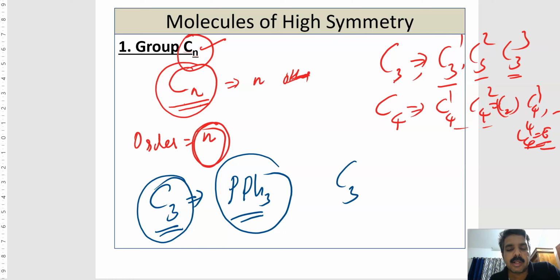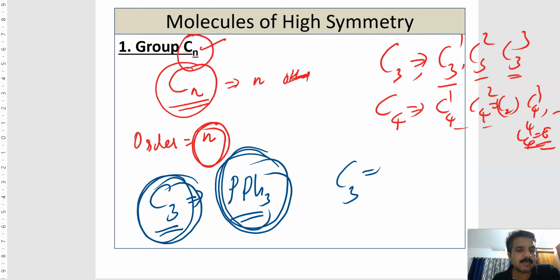Only the inherent symmetry operations of C3 are present. No other symmetry elements are present in the case of triphenyl phosphine. So this molecule belongs to the C3 point group. Other examples are very rare, so I am not going to discuss that.